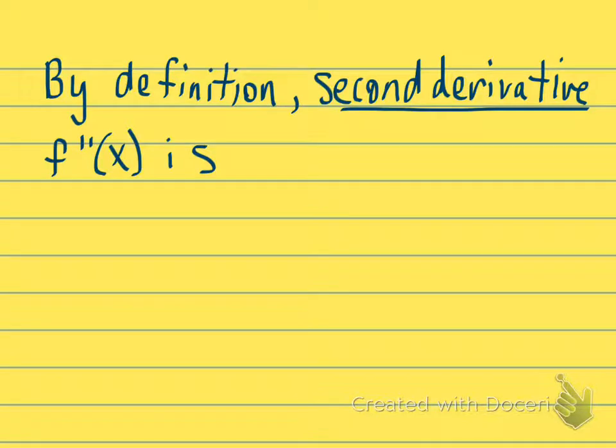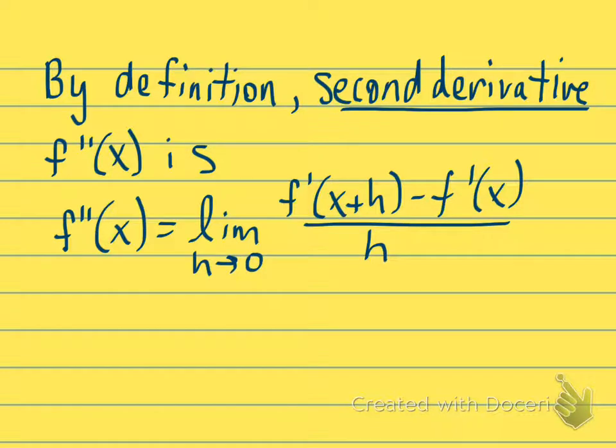And by definition, if the second derivative is the derivative of the first derivative, I can just use the limit definition of the derivative and have f double prime of x is the limit as h goes to 0 of f prime of x plus h minus f prime of x all over h.